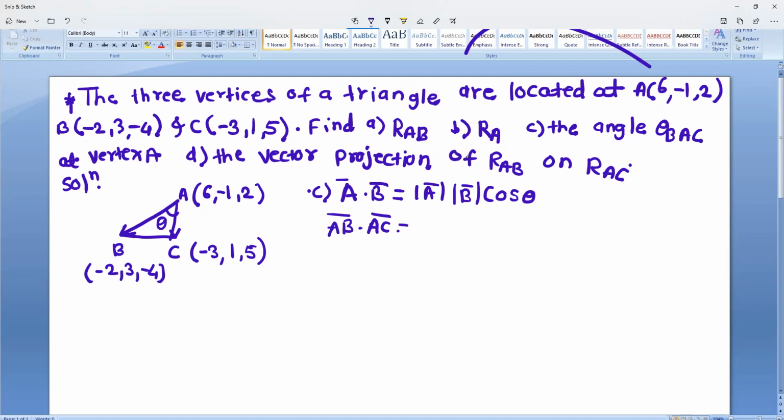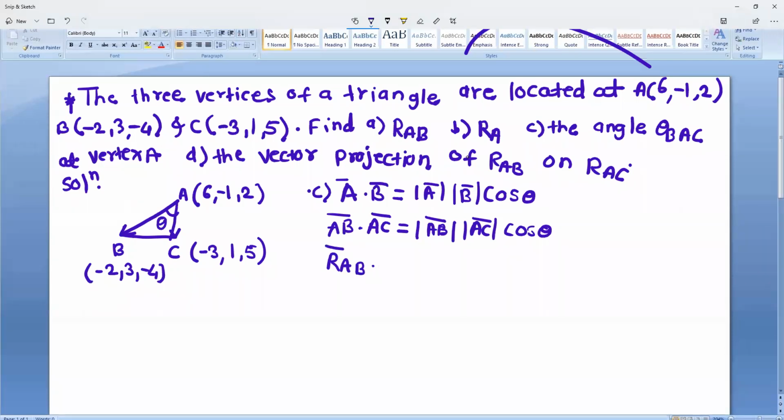So the dot product of these two vectors is nothing but mod of AB bar into mod of AC bar into cos theta, where theta is the angle between these two vectors. Now in this example, this vector AB bar is given by R bar AB, right?